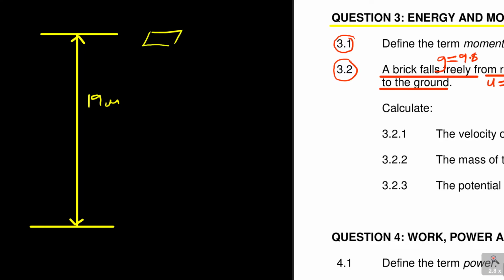So you have the brick that is falling down. Remember, it's going down. When it reaches this point, it would have fallen 19 meters.